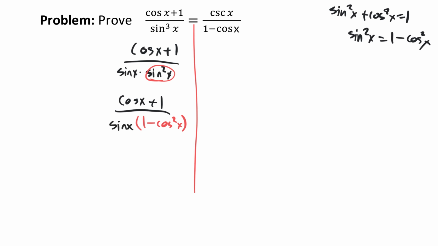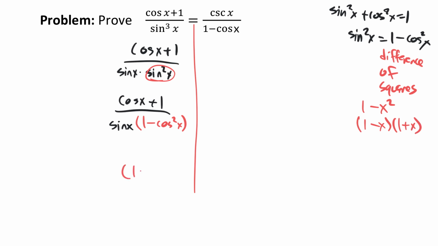Now this is kind of a neat trick. 1 minus cos squared actually factors, if you think about this as a difference of squares. If you saw something like 1 minus x squared, you would factor it as 1 minus x, 1 plus x. So 1 minus cos squared actually factors as 1 minus cos x and 1 plus cos x.